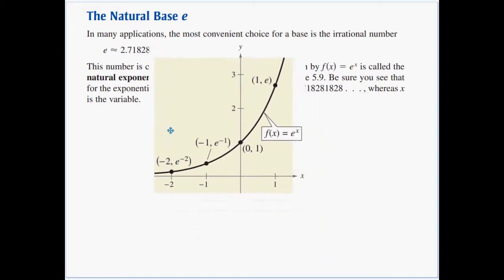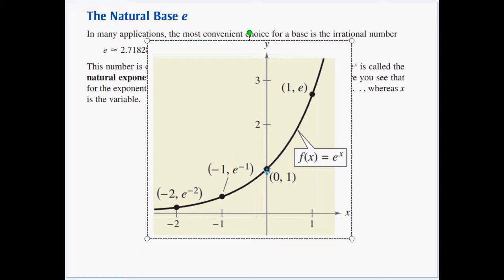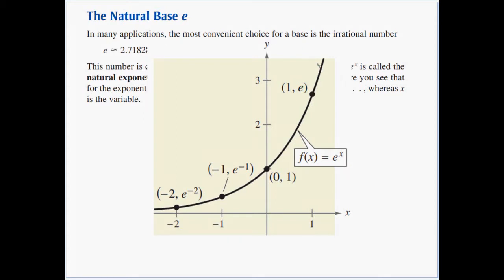And it's got some common properties. It goes through the same y-intercept, 0, 1. But if we put in x as 1, we would have 1 comma, and then our y value would be e to the first. If we went up higher above x is 2, the point would be 2 comma e squared. And that would continue as we go up toward infinity. And as we head to the left of the y-axis, when our x value was negative 1, we would have e to the negative 1 as our y value, or 1 over e.